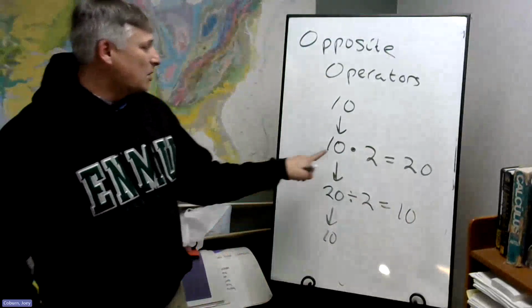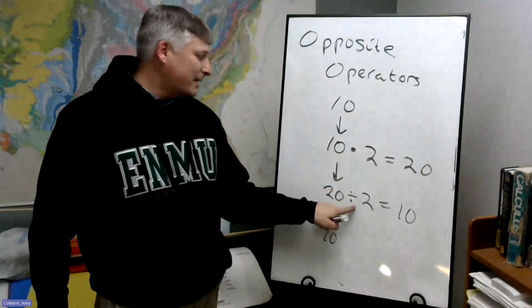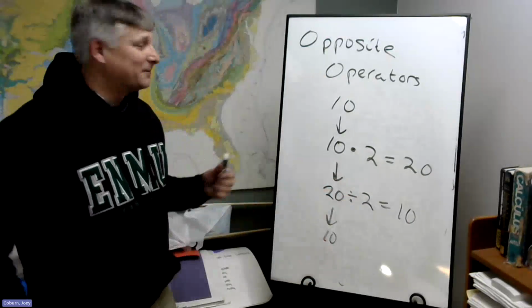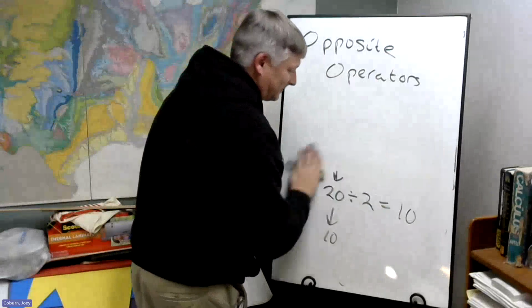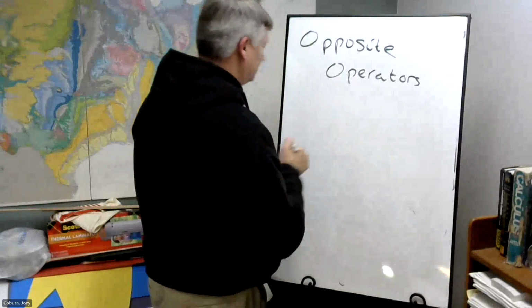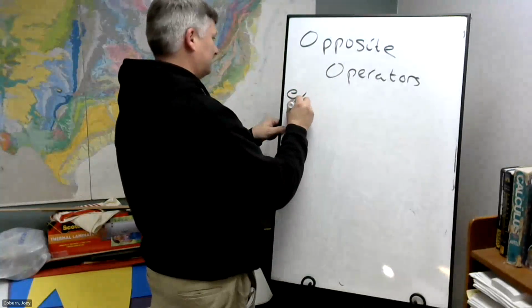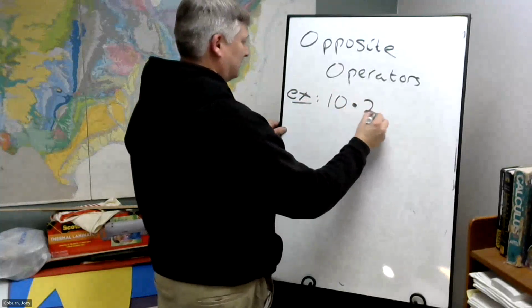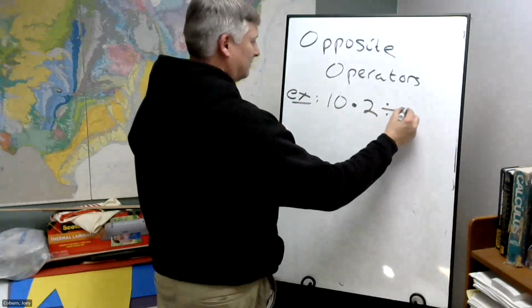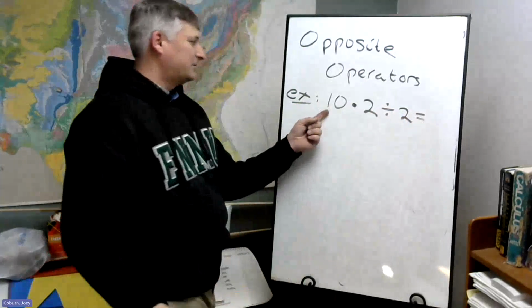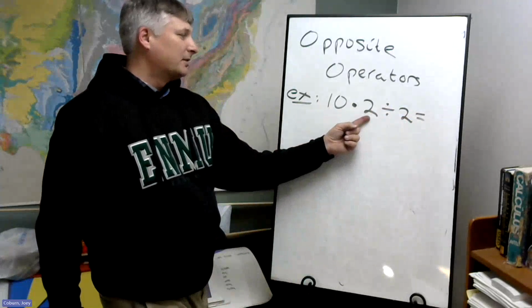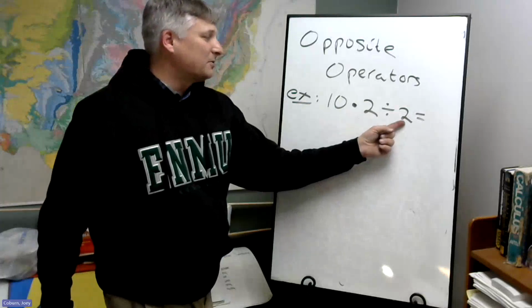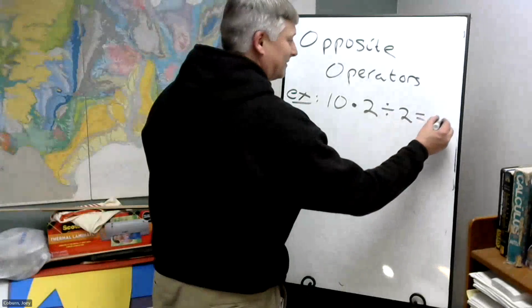So if you multiply by 2, then divide by 2, you get back to where you started. Or in other words, 10 times 2 is 20, then 20 divided by 2 becomes 10 again.